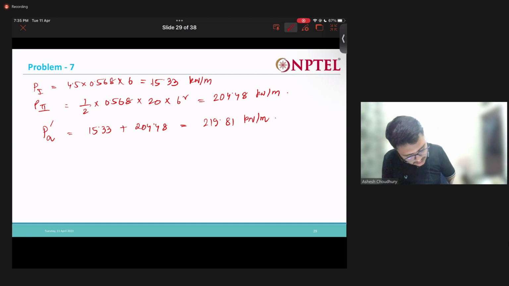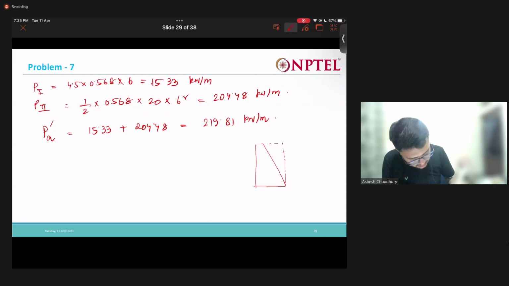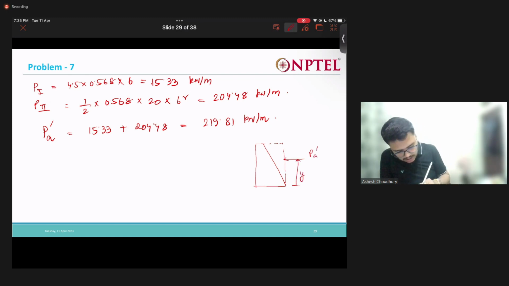So now let me draw the diagram once again. So this PA dash is acting at some height y, and we are finding that out.